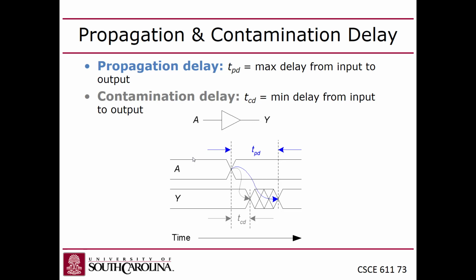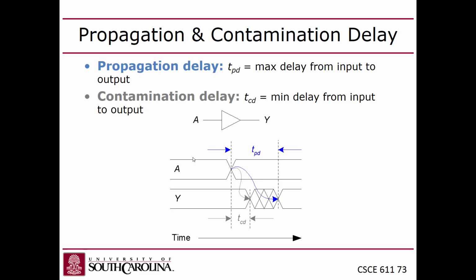So think of the propagation delay as the worst case time it takes to update the outputs of a gate to its final value, whereas the contamination delay is when you see any change on the outputs of a gate. You guys with me? Make sense? Okay.